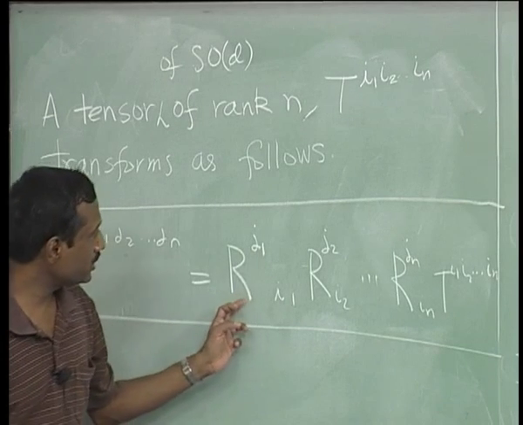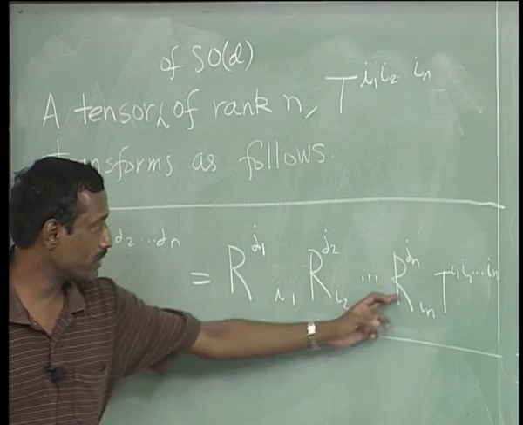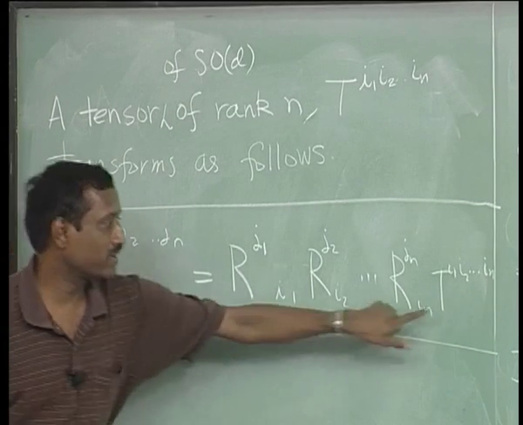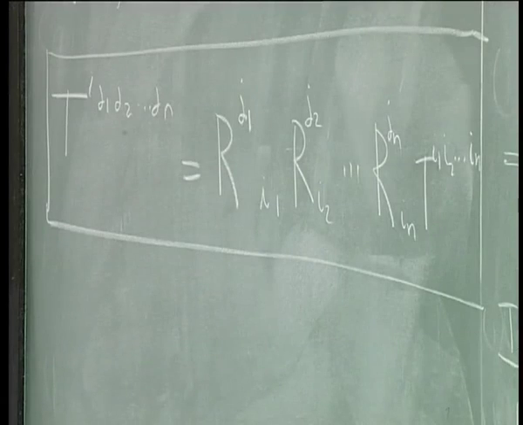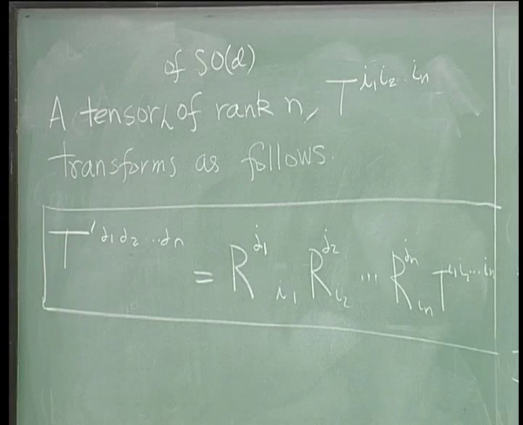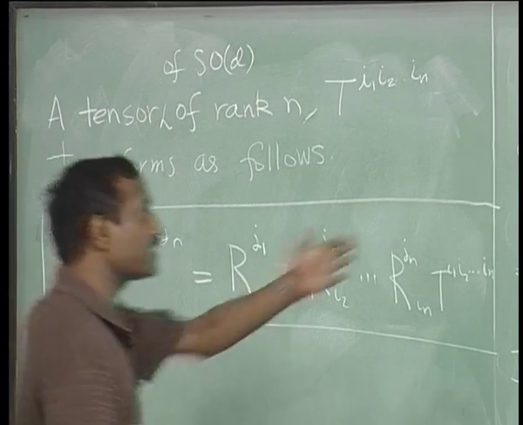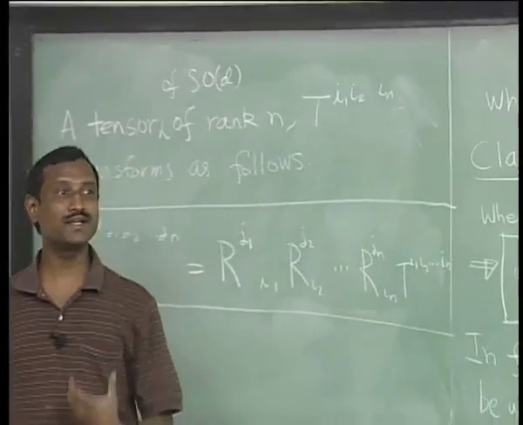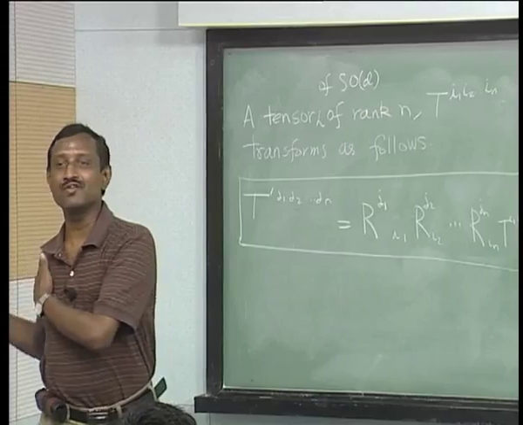You can see here that there are n copies of this R matrix, but there is only one T out here still. So at the end of the day it is still linear in T, it preserves that important property. So again you get a nice statement, a generalization of that: if something is a tensor and it vanishes in one frame, it will vanish in all frames.